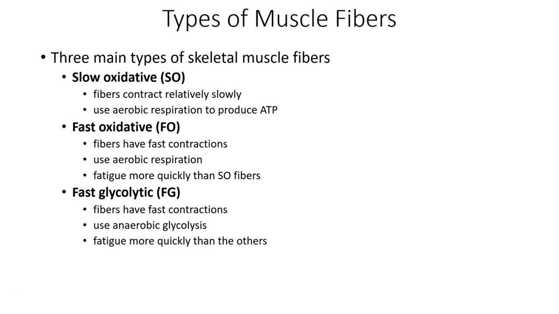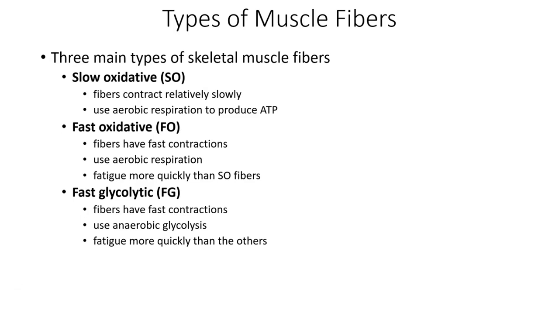And then we have something called fast glycolytic fibers. These are also going to have really, really fast contractions. These specifically use anaerobic glycolysis, though, to produce energy. So this is a little different than that fast oxidative fiber, because the fast oxidative fibers can start off with that aerobic respiration before switching to anaerobic respiration later on, and before they fatigue more quickly.